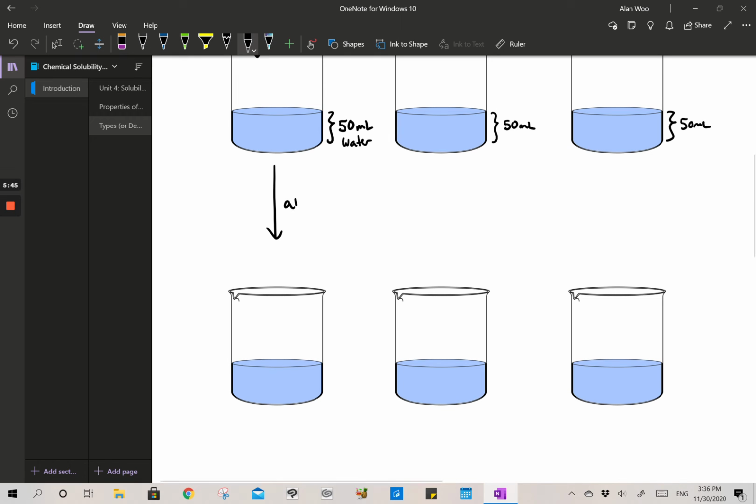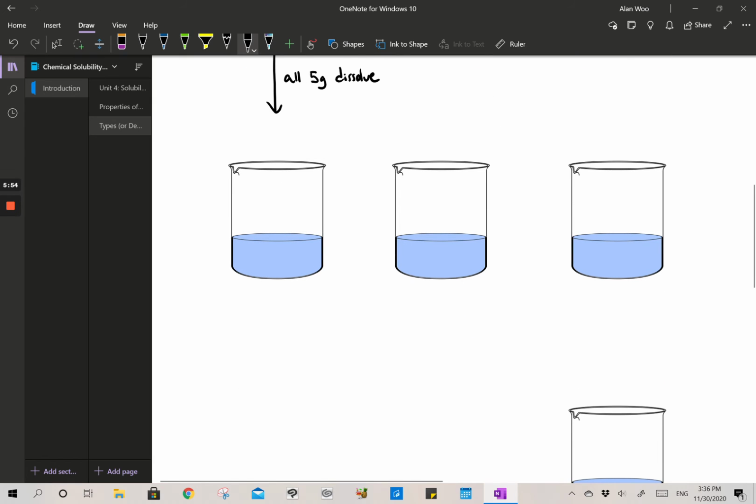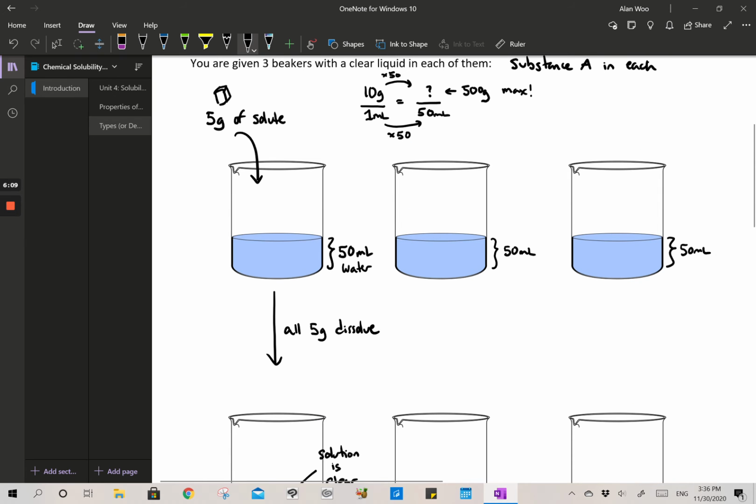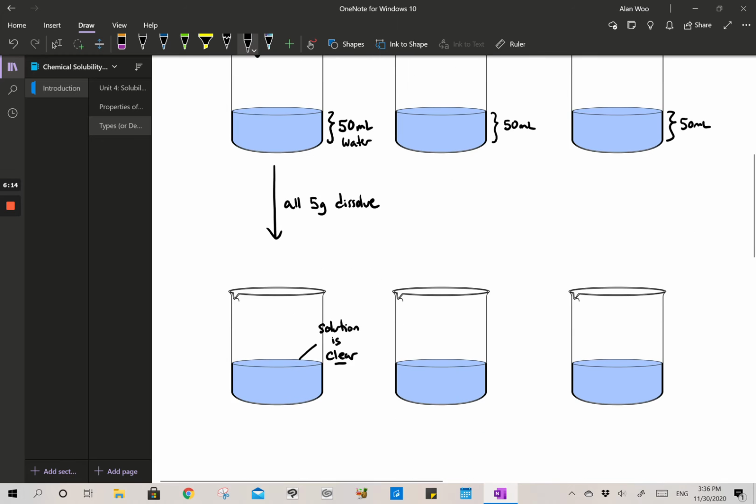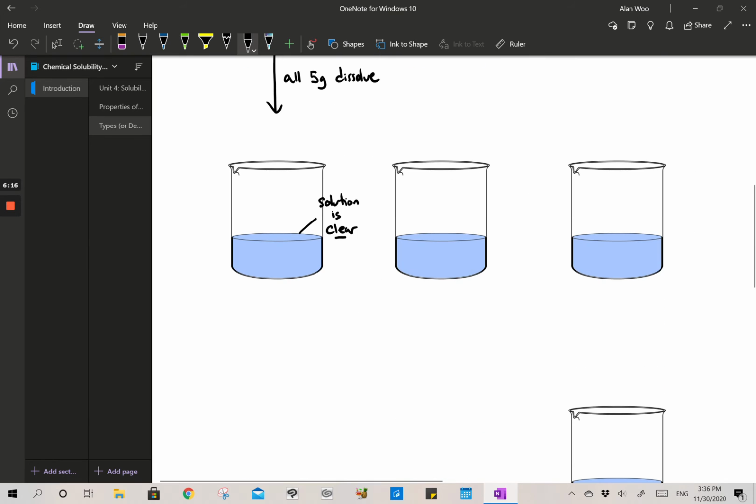All 5 grams dissolve, and you would see nothing but a clear solution. There's no solute left behind. But we haven't even touched the maximum amount that it can dissolve.